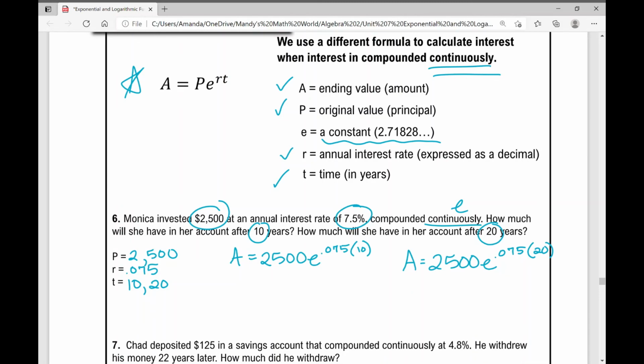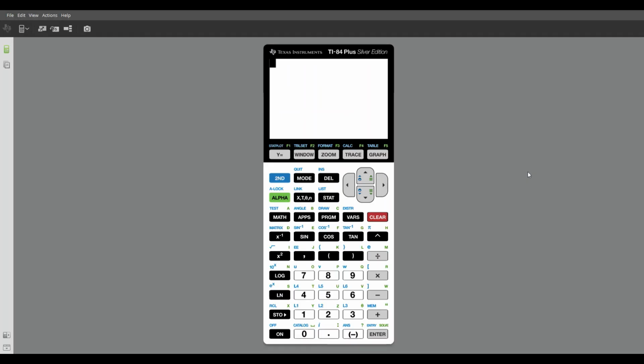Let's use our calculator to figure out these values. When we're using the number e, I want to make sure that you know where it is located on your calculator. If you see your division button, e is in blue above it. That tells me that it is a second function. So if you press your second key and then the division sign, there you'll see an e.